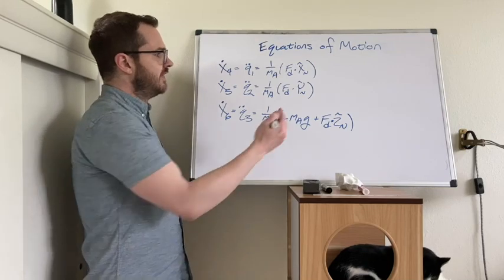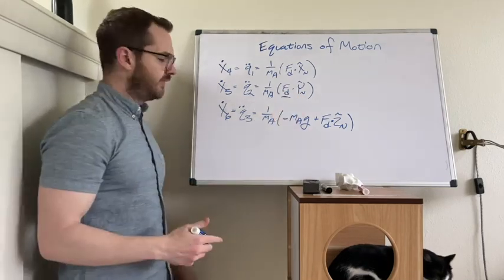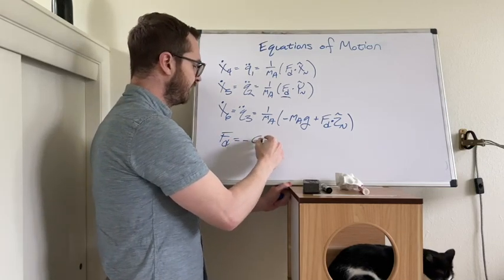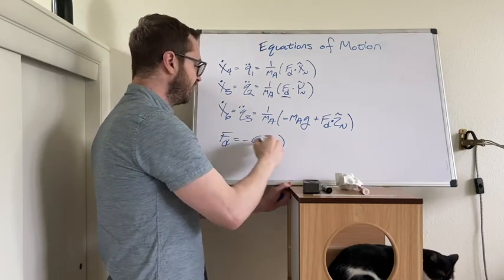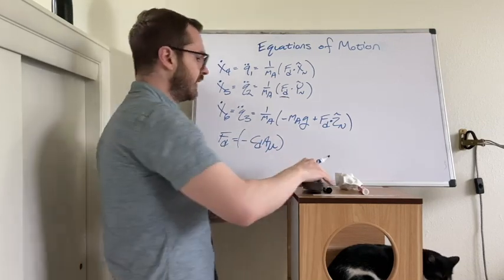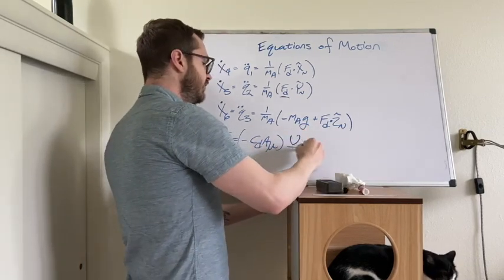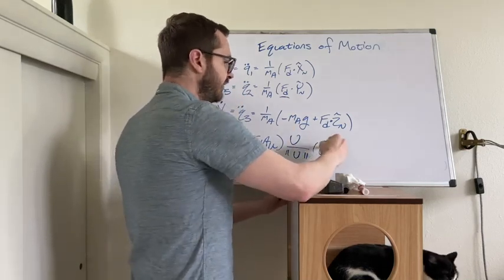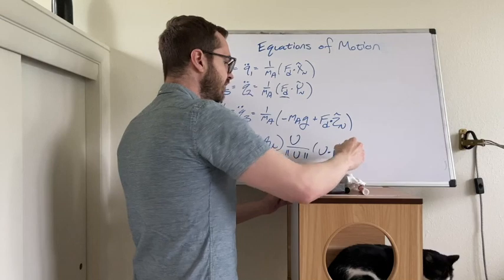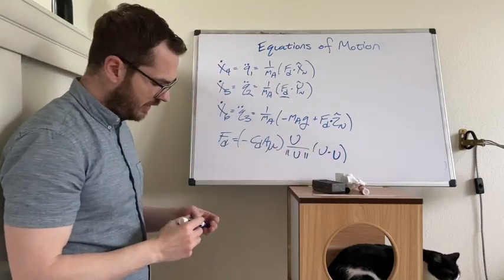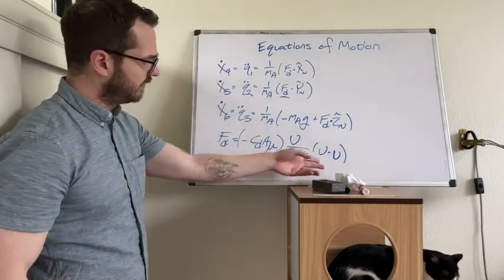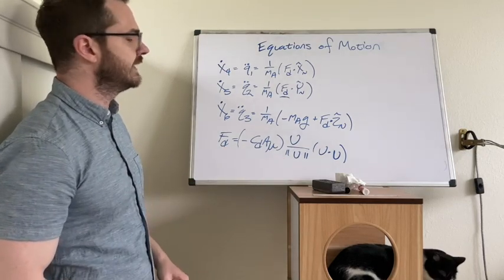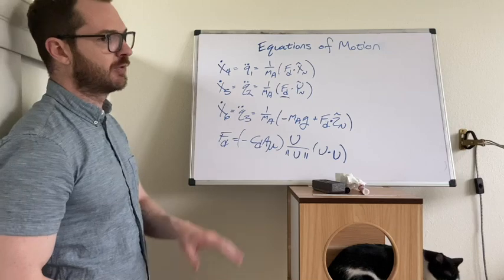Well, this FD term is fairly complicated, right? Minus CD a mu, that's the easy part, that's just a number. And then U divided by magnitude U is going to be a direction, and then we have this dot product, U dot U. Now, if there is some nice and convenient way to analytically integrate this, that would be wonderful.